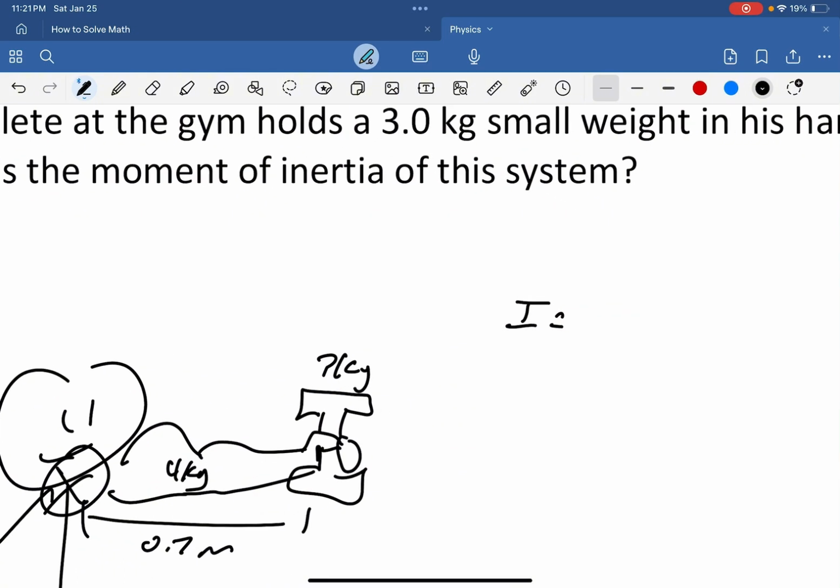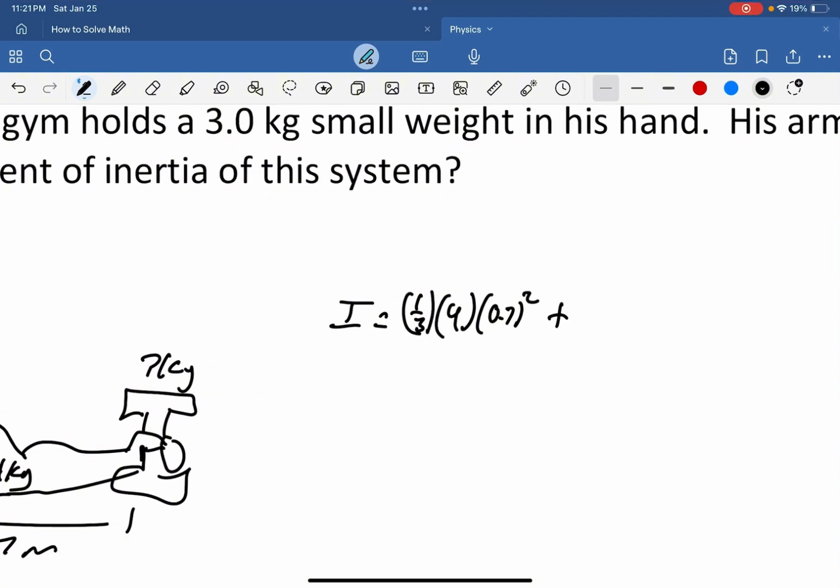So we're going to use the equation where it's this plus 4, and then our length is 0.7, and then we're going to add the weight, and our equation was m times 0.7 squared.